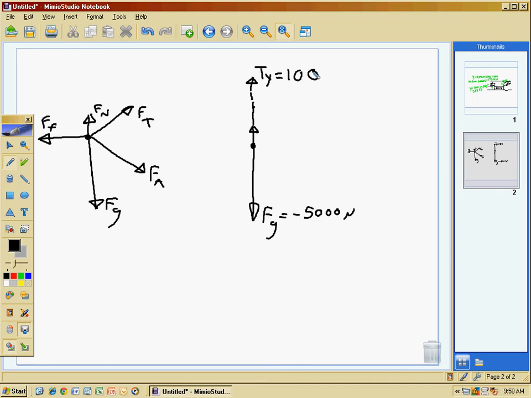It was 353.55, right? I'm horribly sorry, but that's down. So we have a downward component, and this is the applied force Y component. And that's negative. All right, so we've got up and down taken care of.